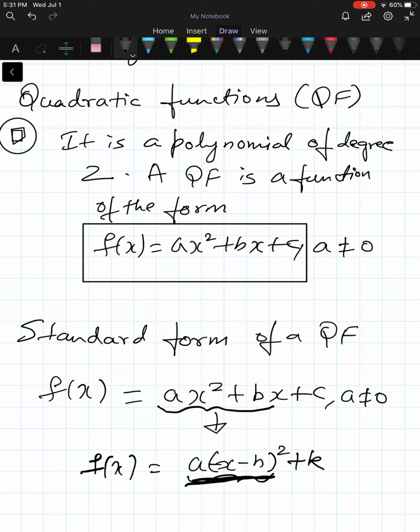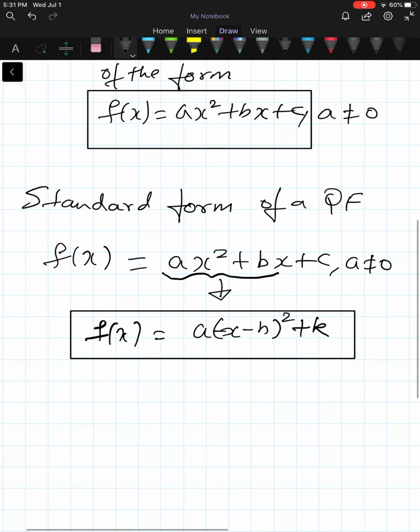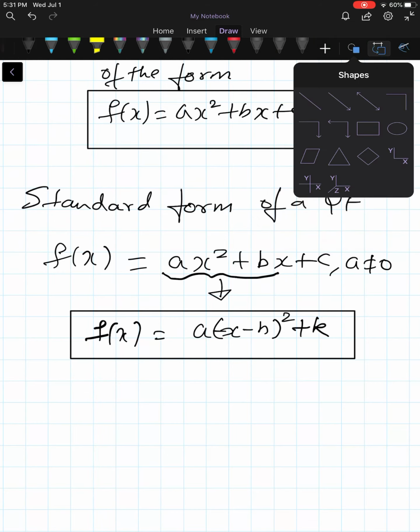So why is it necessary to establish this, or why is this called a standard form? Because this particular equation tells you something about the graph. If the graph of f is a parabola, you will always have a vertex, that is the maximum point or the minimum point.